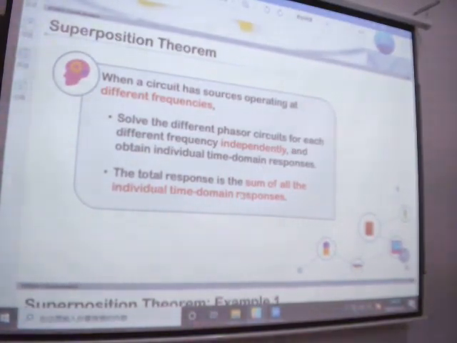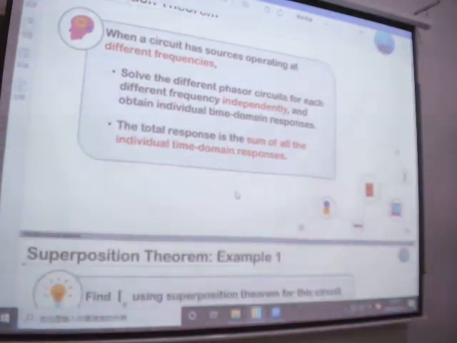The total response is the sum of all the individual time domain responses. That means we can have some sub-figures. For every frequency we have a frequency domain figure. For example, if we have 3 frequency domain figures, when we transfer back to the time domain, we just have 1. Clear?